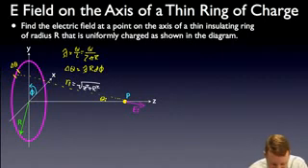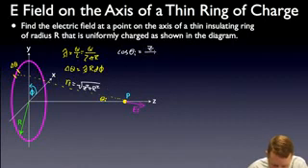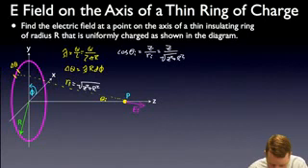And we've got this theta i, but let's state here that the cosine of theta i is adjacent over hypotenuse. Our adjacent is our z value, so that's z over our hypotenuse Ri, which is z over the square root of z squared plus r squared. And with that set up, we should be able to start calculating the electric field in the z direction due to this thin ring of charge.